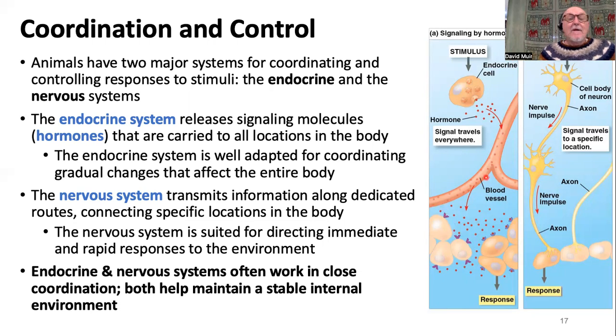So, for example, in response to changes in the temperature, let's say, there are cells in an area of the brain called the hypothalamus, which will release hormones, which may stimulate other organs to release their own hormones, which eventually get the body to produce a response.